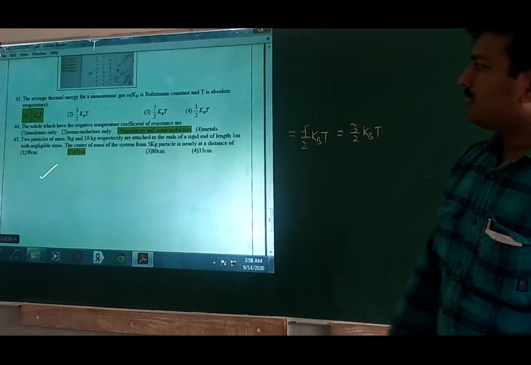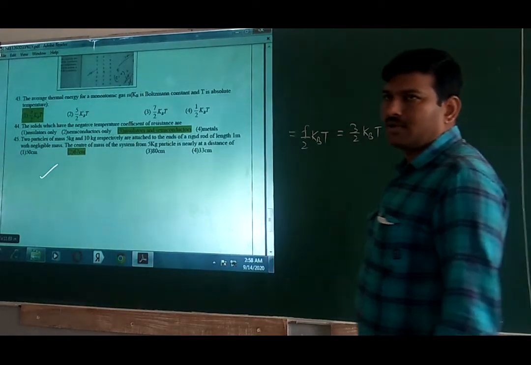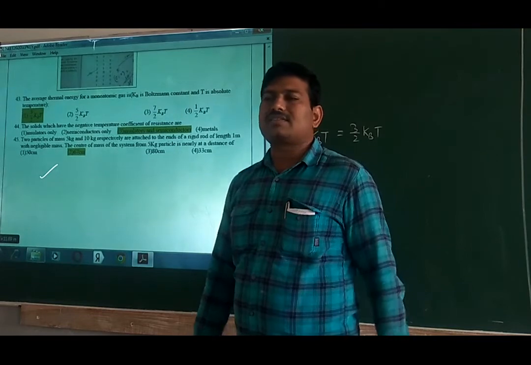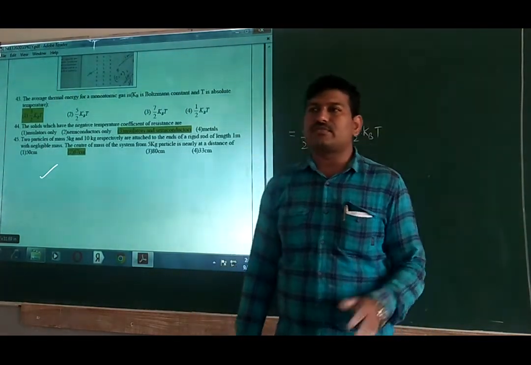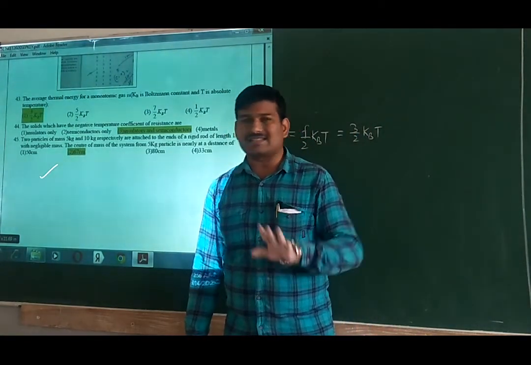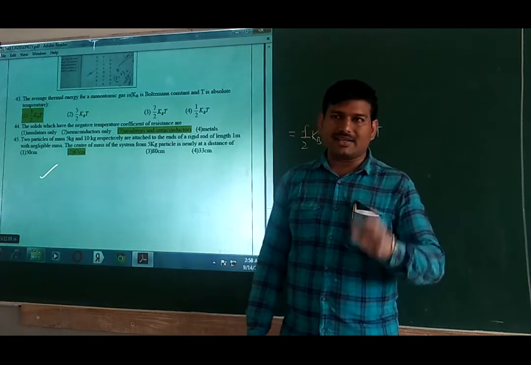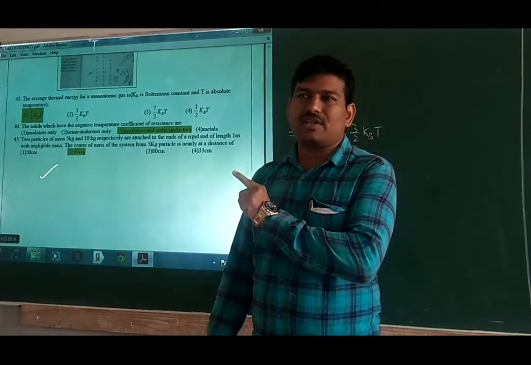44. The solids which have negative temperature coefficient of resistance are. For insulators there is a chance of having a negative temperature coefficient, and semiconductors also. With increase in temperature, the resistance of a semiconductor decreases while that of a conductor increases. We had two questions here. One question asked about copper resistivity with temperature.